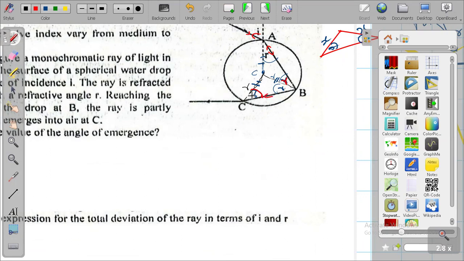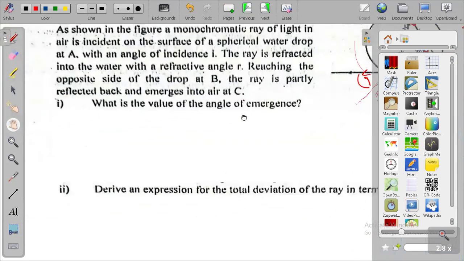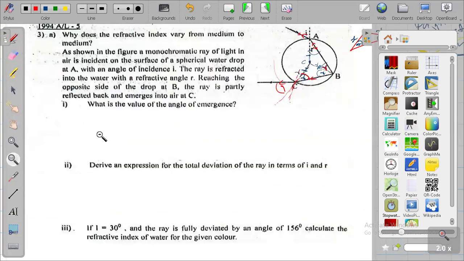If it enters with R, what is the angle it should make when it reflects away here? Definitely I. The emergent angle will be I. Very easy to understand that.